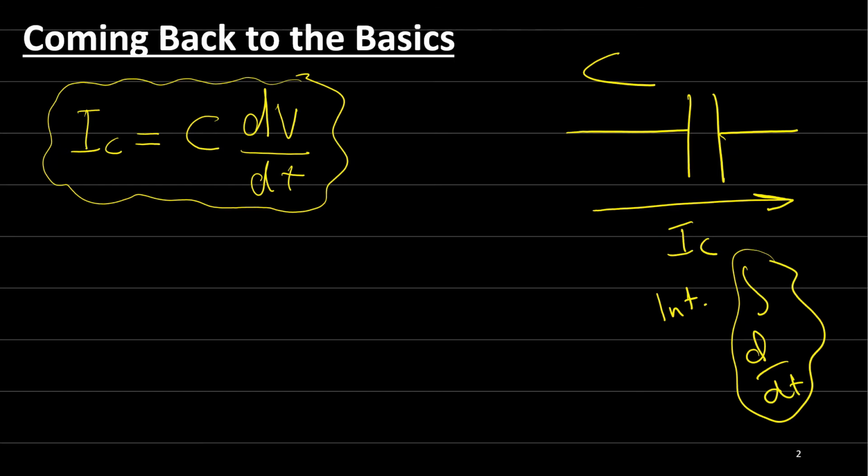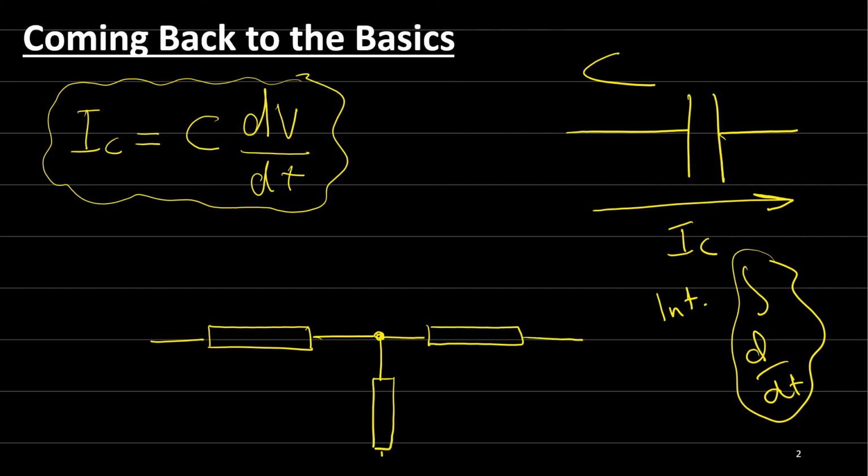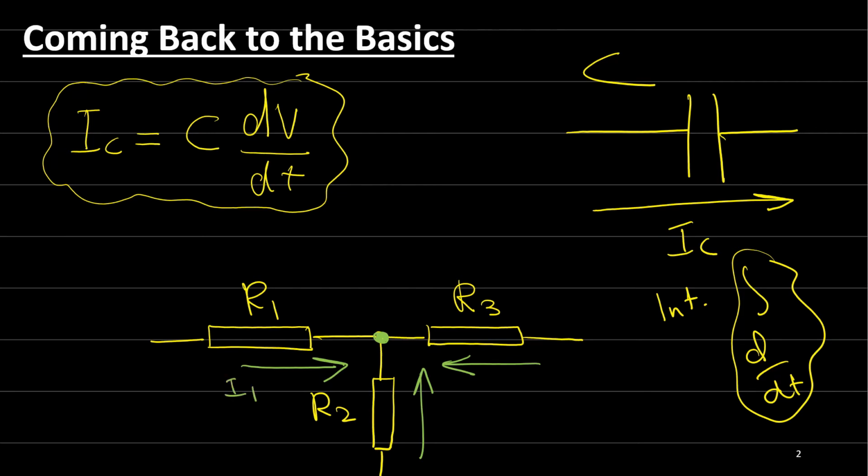Also, if we have, for example, a network like this, with three resistors, R1, R2, and R3, and there is a current flowing in these resistors in this way, all of them pointing to this node, so this is I1, I2, and I3.